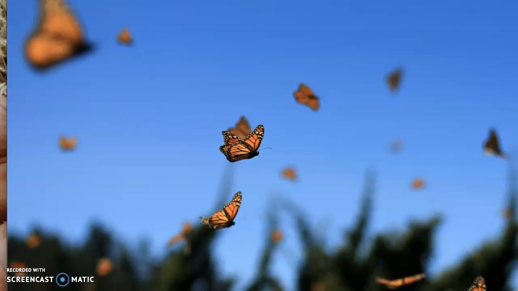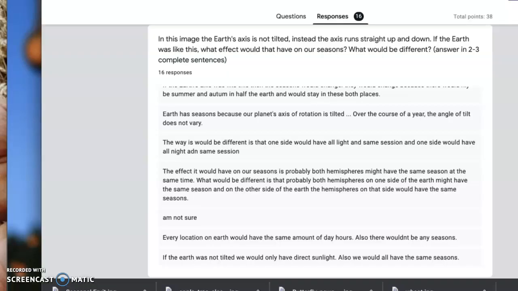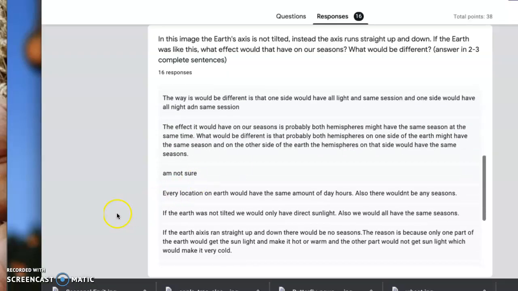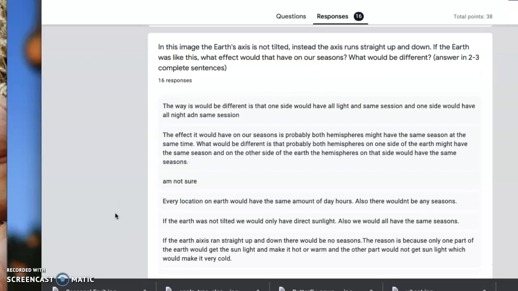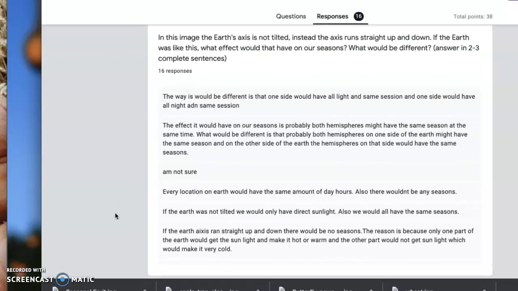Without the seasons, many animals would likely die off because they're not suited for that type of environment all year round. So that's what we would expect if there was only one season or no seasons, or if the Earth's axis was straight up and down.